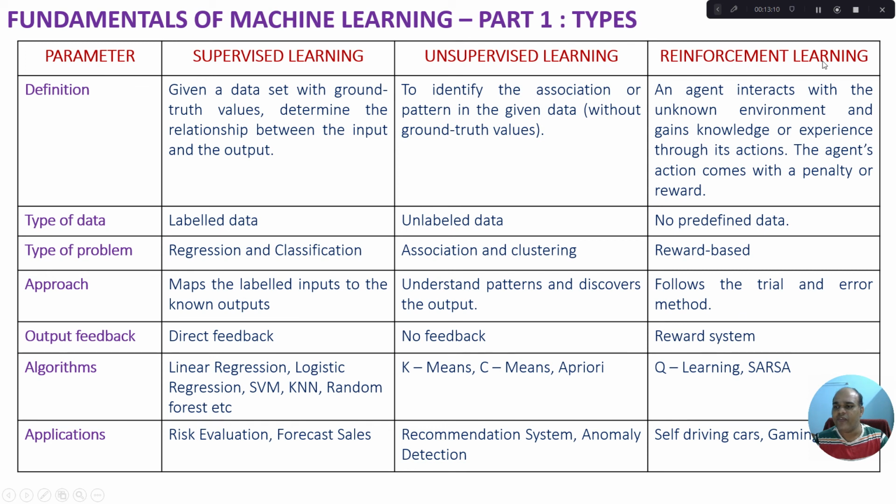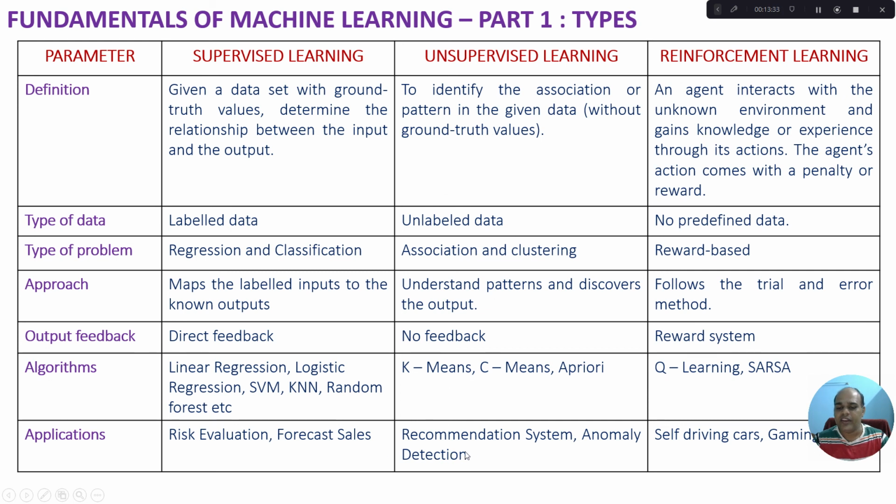In the same way, in reinforcement learning, two major types of algorithms are supported. One is Q-learning based and another one is SARSA. SARSA is the state action reward state action algorithm. The applications where supervised learning is used are risk evaluation and forecasting sales.